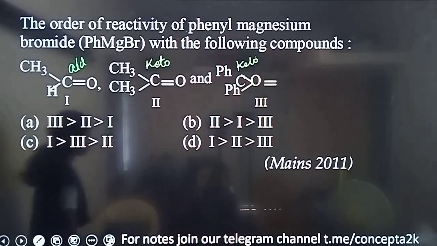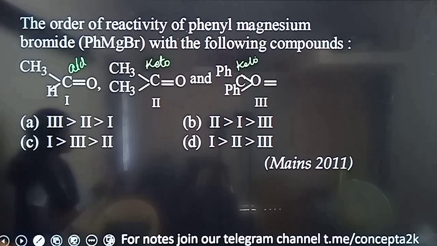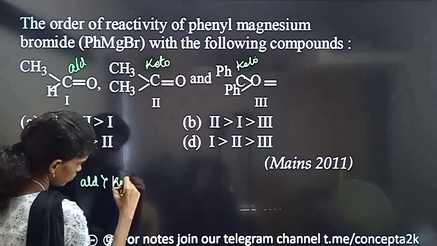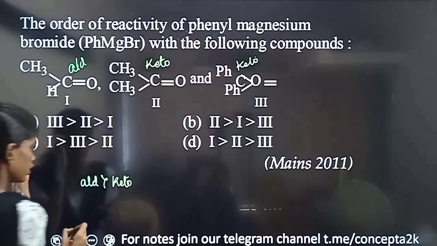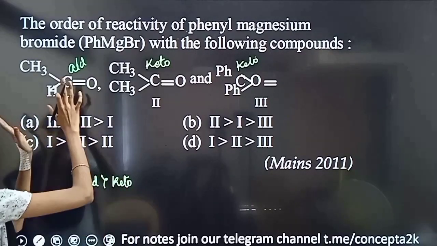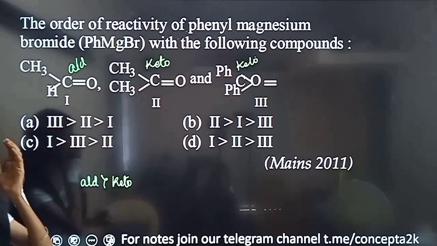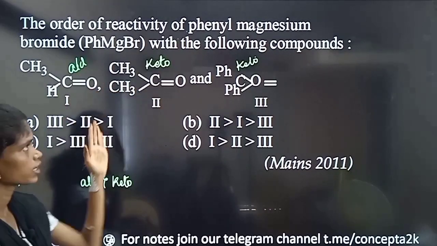So aldehydes and ketones compare பண்ணோம் அப்படின்னா aldehydes are more reactive than ketones. Ketones எப்போ பார்த்தோம்னா first one is more reactive than these two. And அடுத்து இதை கம்பேர் பண்ணோம், இது ரெண்டுத்தையும் கம்பேர் பண்ணோம்.